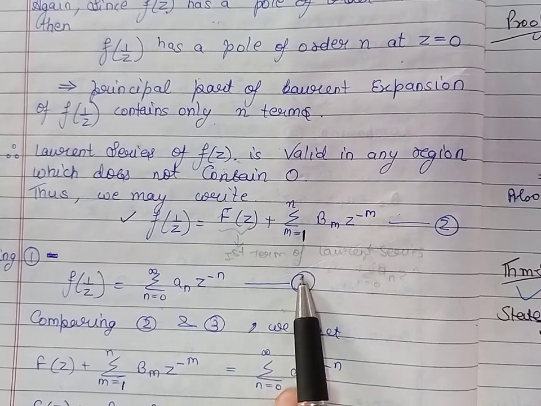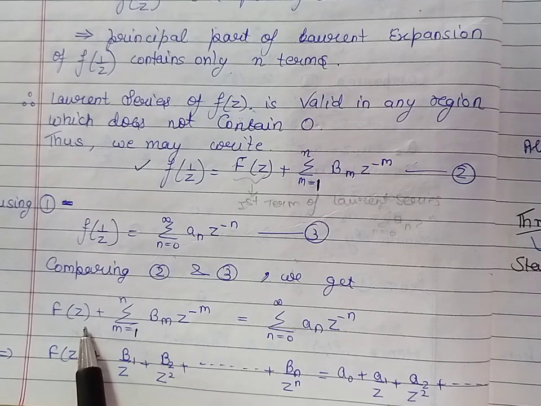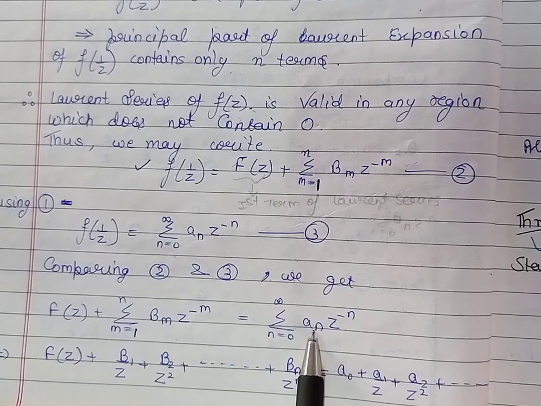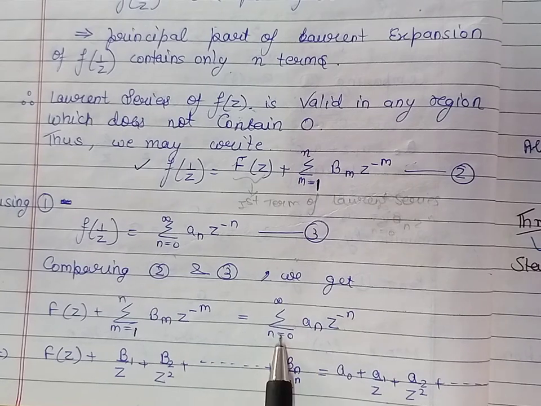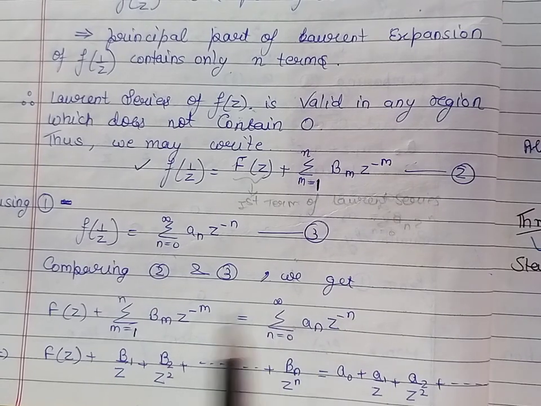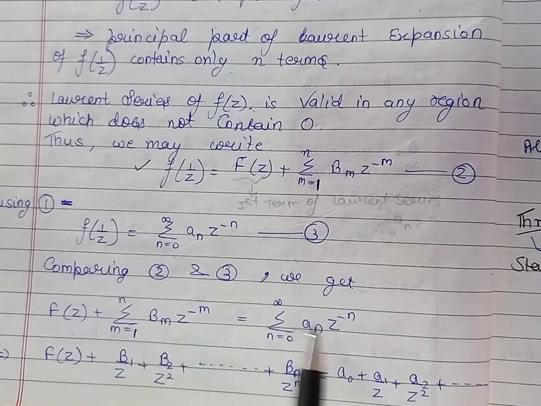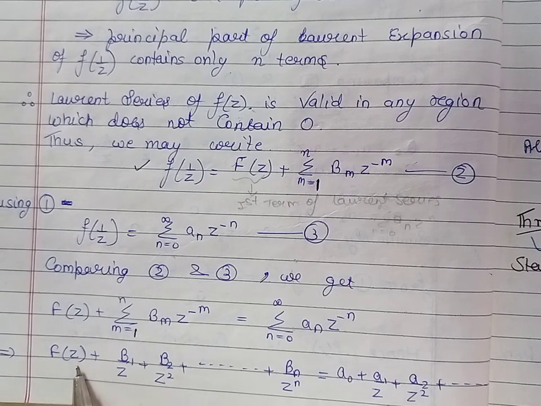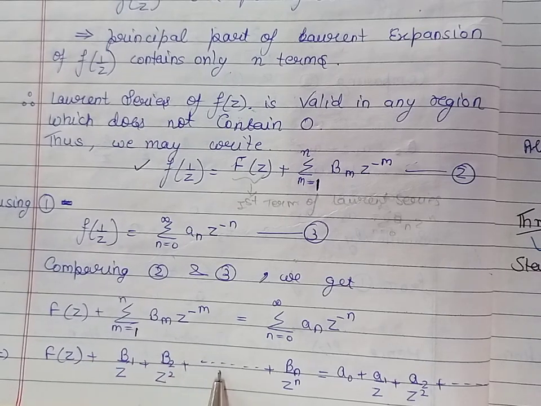If we compare these two equations, we get f of z plus summation bm z raised to the power minus m is equal to summation an z raised to the power minus n. Here n varies from 0 to infinity, and on the left side m varies from 1 to n. Let us simplify this equation. This can be written as f of z plus b1 by z plus b2 by z square and so on.